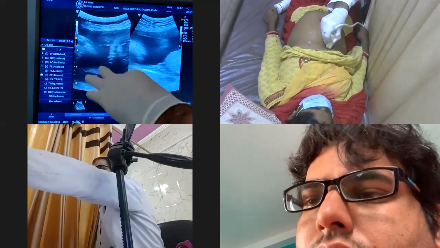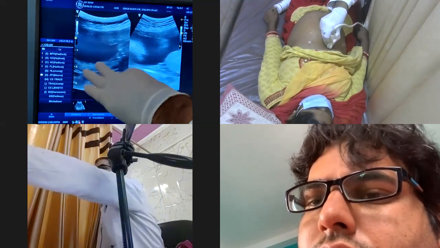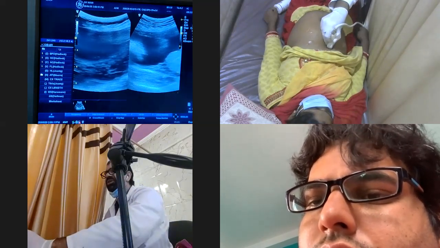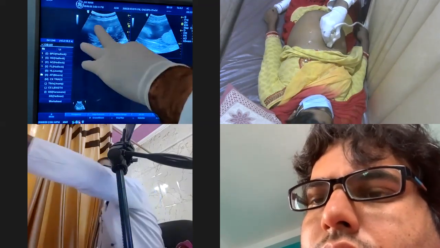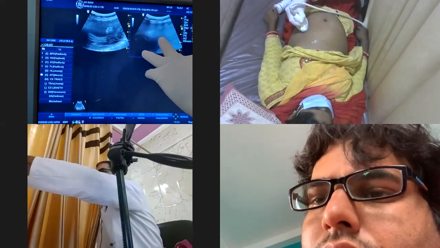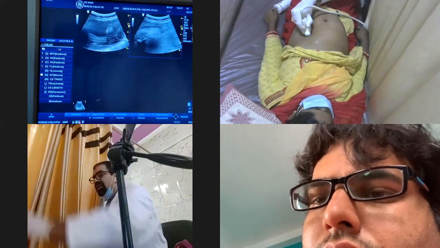So there is a small fluid. Visual impression is giving me that this pocket is about, let me take all. So this is one pocket. And here I am not getting any pocket.